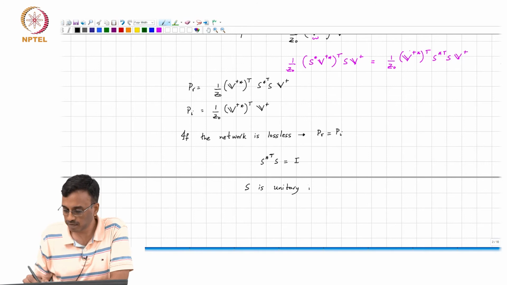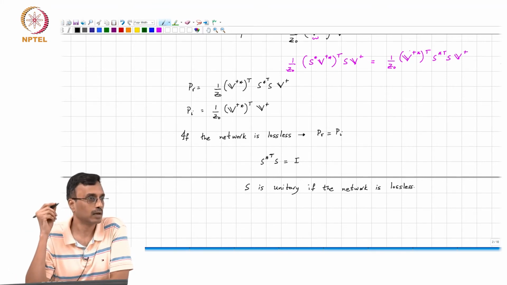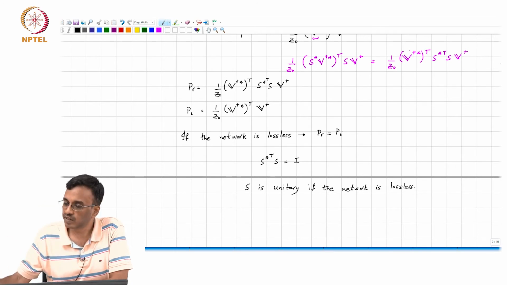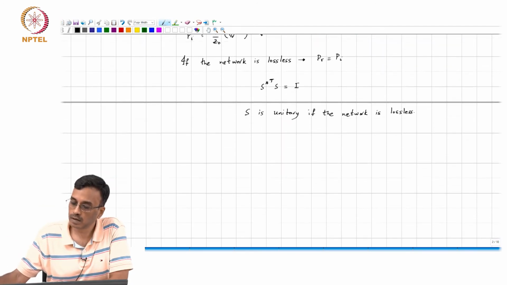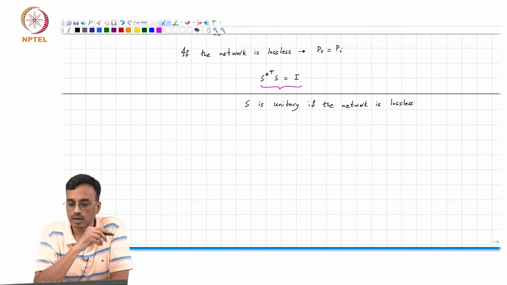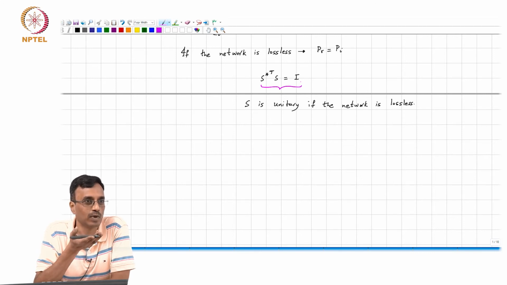So, S is unitary if the network is lossless. In English, what does this mean? It says all the rows are orthogonal to each other, which sounds just as Latin and Greek to the uninitiated.